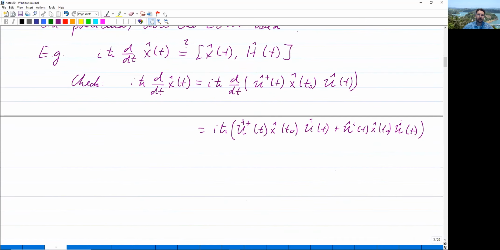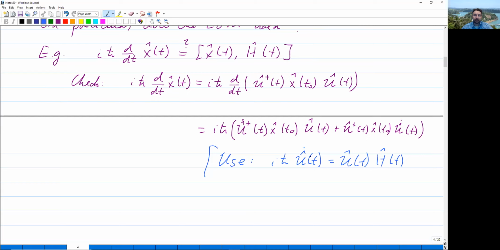Okay, so at this point, we use that i h bar u hat dot of t is equal to u hat of t h hat of t. This is by assumption that u hat of t is the solution to this equation of motion.